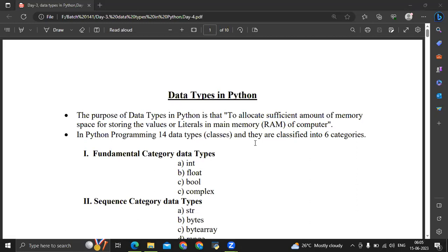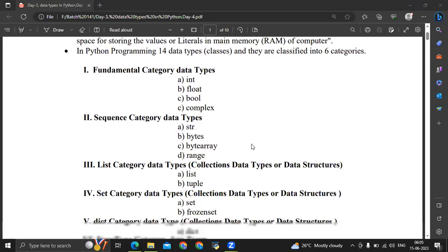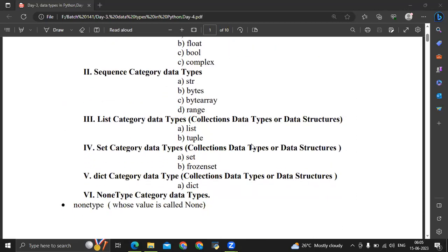The first is the fundamental category data type. In that we have int, float, bool, and complex. After that, we have the sequence category, in which we have str, bytes, bytearray, and range. Later, we have the list category data type.